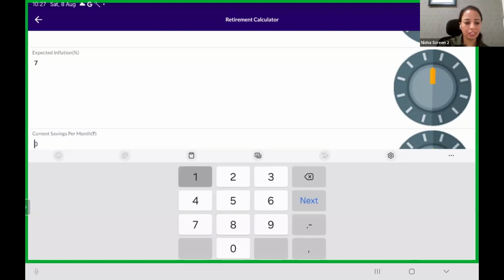His current savings per month are also 1 lakh. The existing corpus with him is 5 lakhs. Expected pre-retirement return remains the same, and post-retirement return also is kept the same at 8.5%. The life expectancy is seen as 90 years.